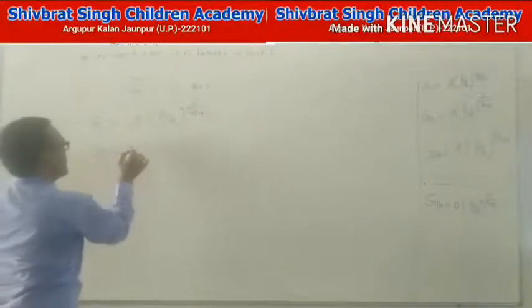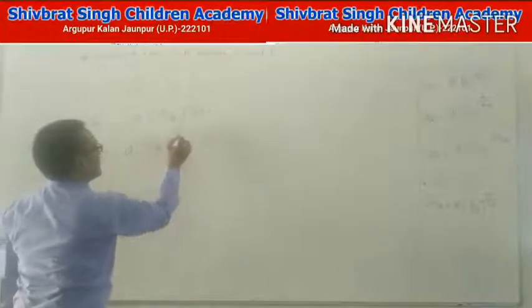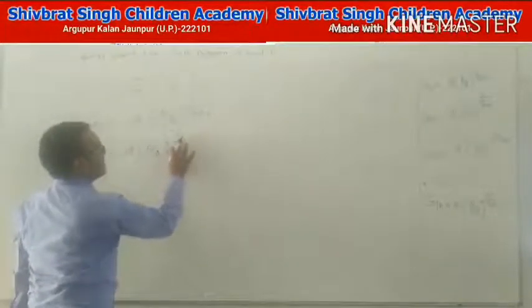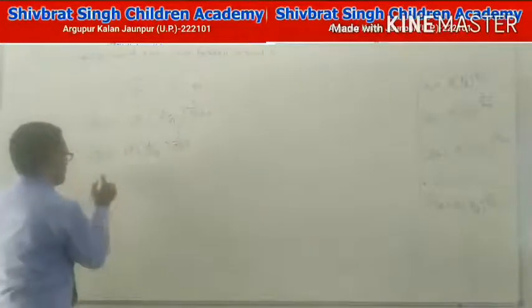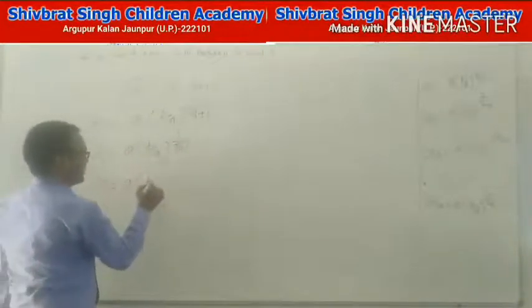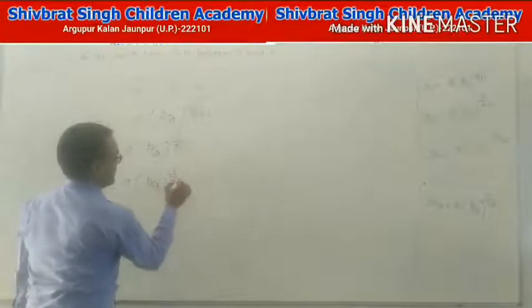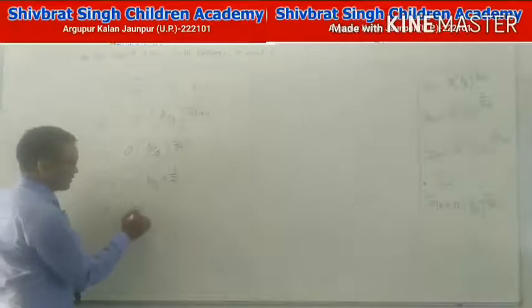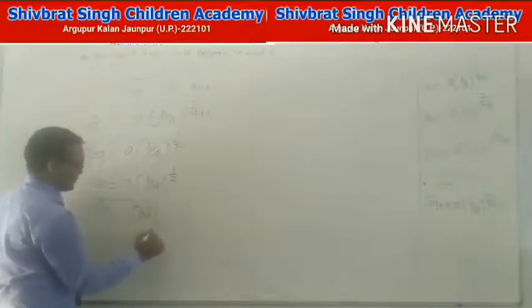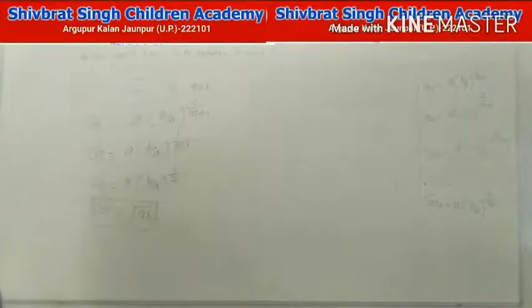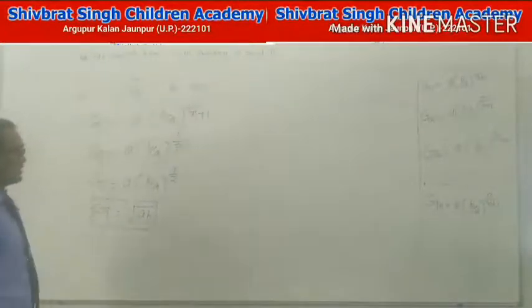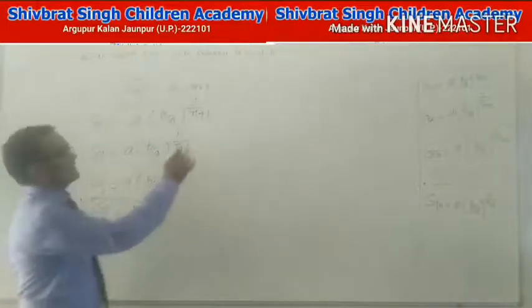Put n equal to 1, that means 1 plus 1. G equals A times (B upon A) to the power 1 upon 2. We can solve and find that this equals square root of AB. If we insert one geometric mean between A and B, then G equals square root of AB.